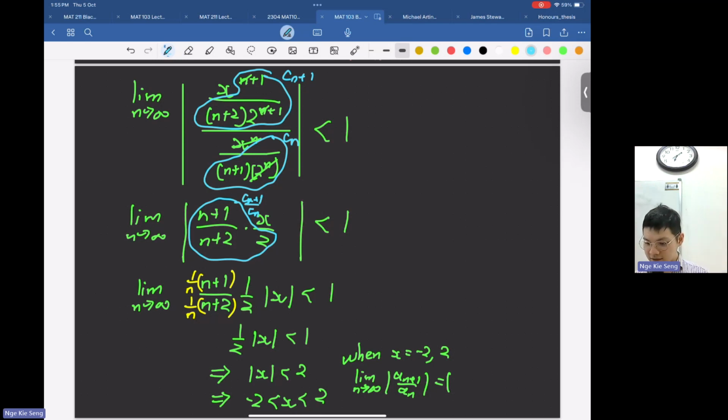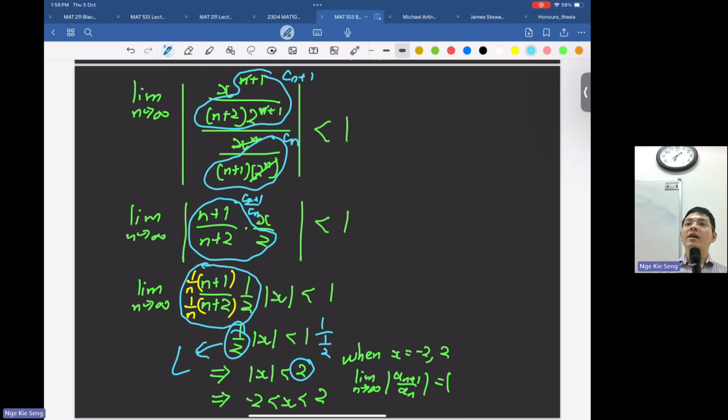This limit here is what gives you this 2 here. 2 equals 1 over 2, so 1 over L. So this part is the L. Can you get it?